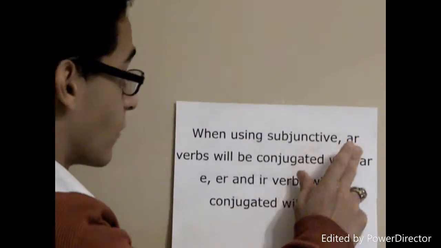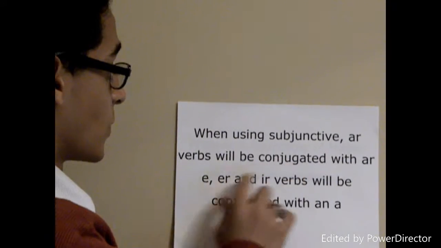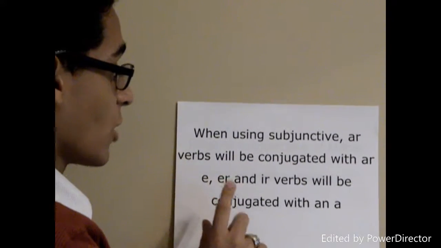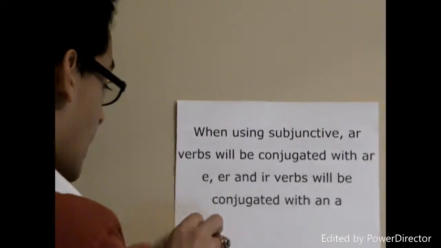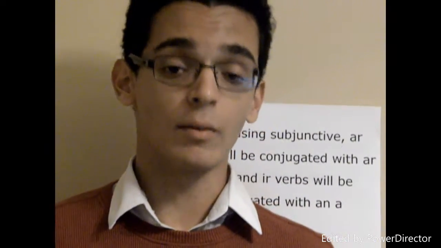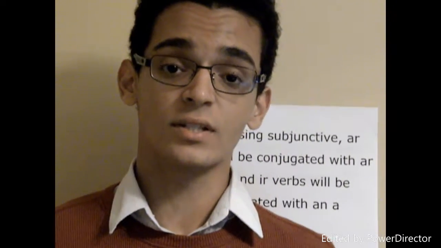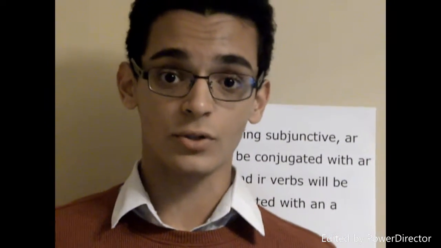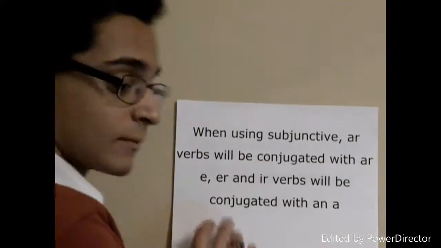For example, AR verbs will be conjugated with an E. ER and IR verbs will be conjugated with an A. So therefore, words such as hablar will be conjugated as hable, hables, hable, hablen, and hablemos. Words such as tener will be conjugated as tenga, tengas, tenga, tengan, and tengamos. This is starting to make sense now.